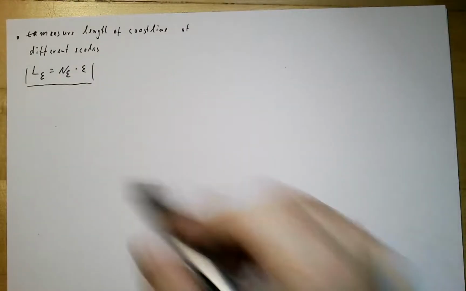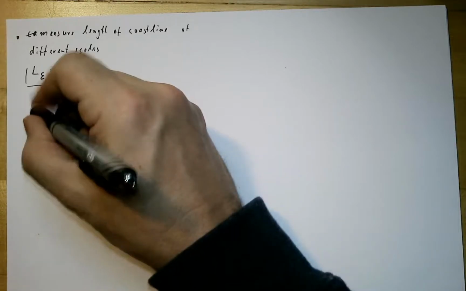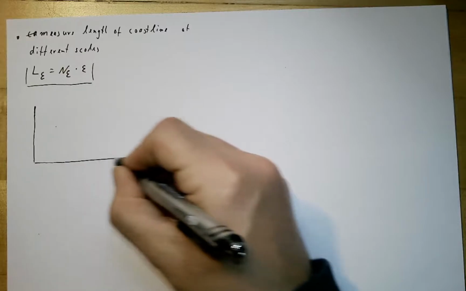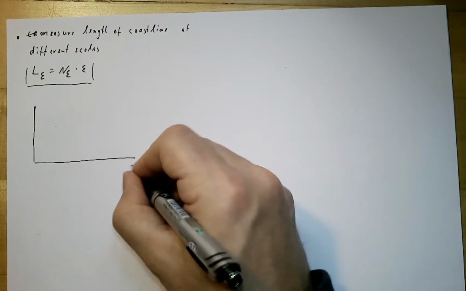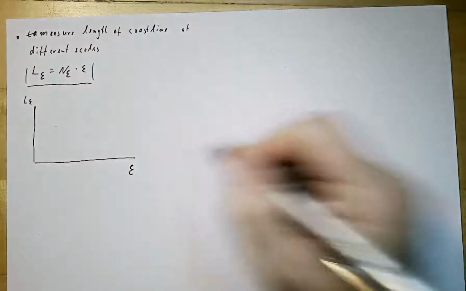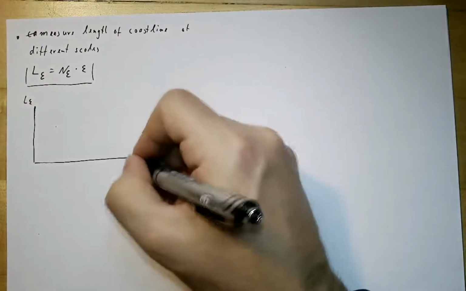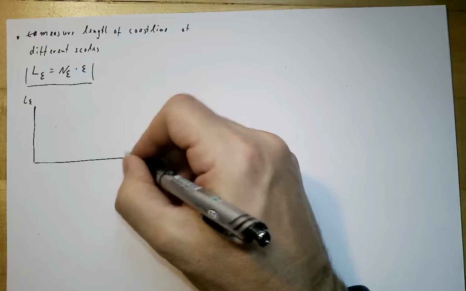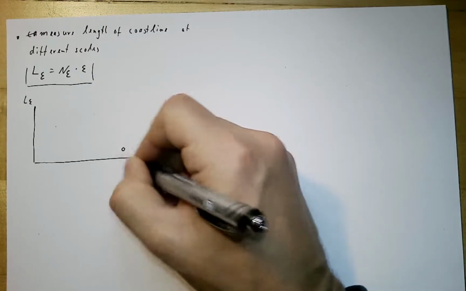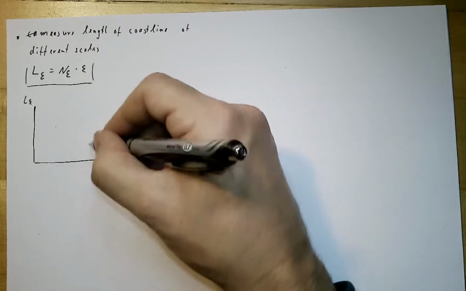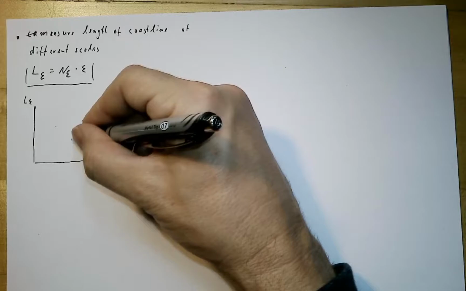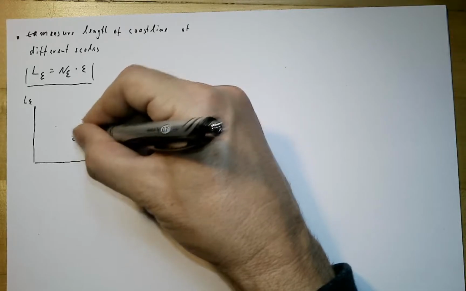And so we can make a plot. And have here our scale, and have here the lengths at this scale. And then we took the large scale of 200 kilometers, and we had a length of 2,400 kilometers. And then we halved the scale, and then we had a bit larger length.